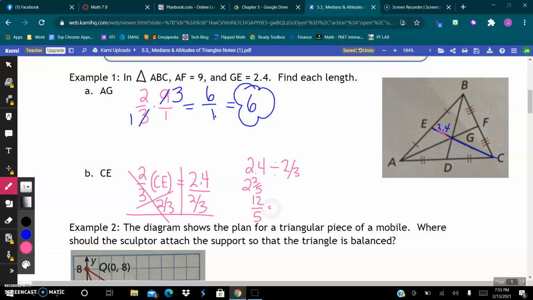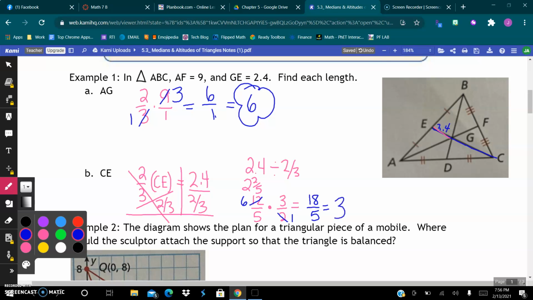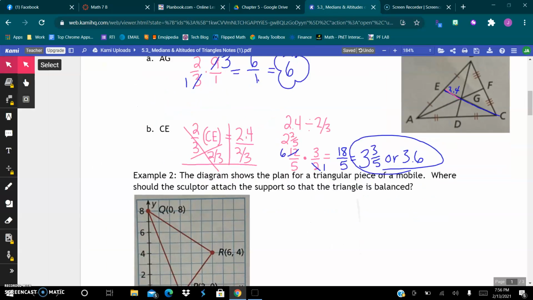I keep the 12/5, change to multiply, and flip the 2/3 over. Before I multiply, I reduce the 12 and 2 by dividing both by 2, and I get 18 at the top and 5 at the bottom. 5 goes into 18 3 times with 3 left over, so 3 3/5, or 3.6, is the entire length of that line.